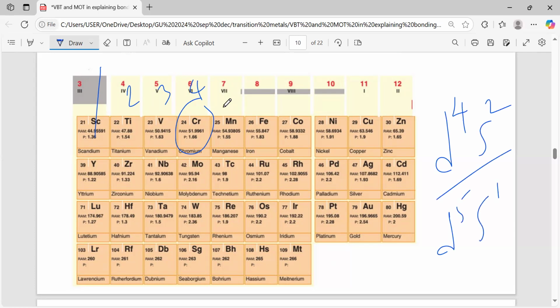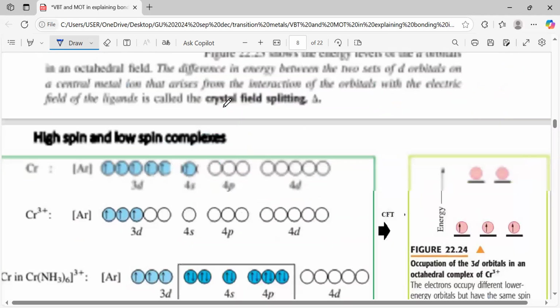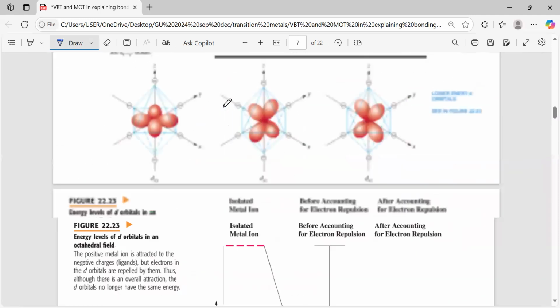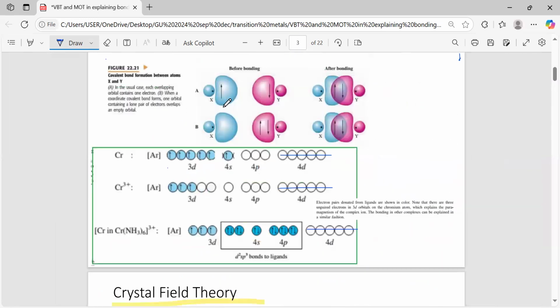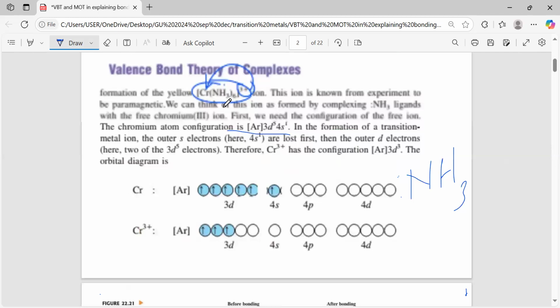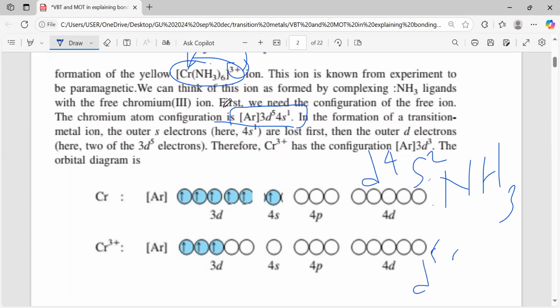And that is exactly what we find in this slide that we had reached. So it is D4 S2, and therefore it is D5 S1, and that's exactly what we have there.